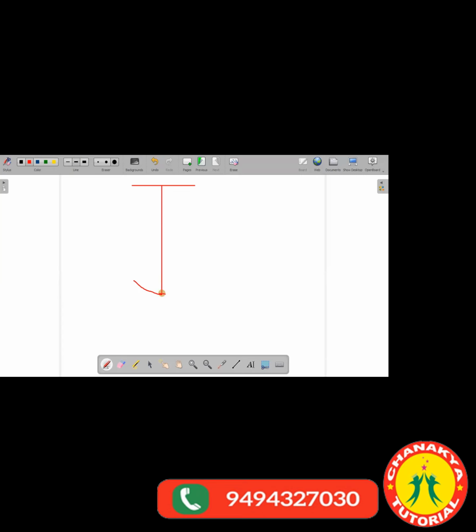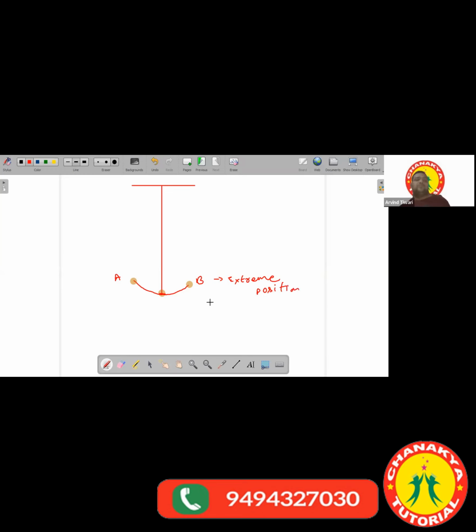I call these positions A and B the extreme positions, and the median position we also call the mean position.